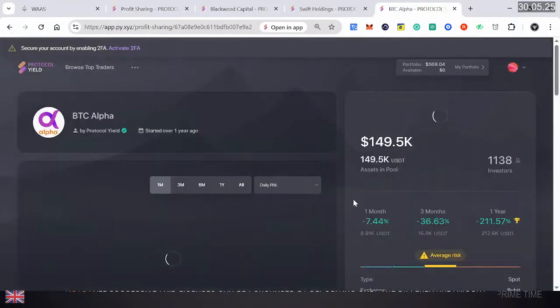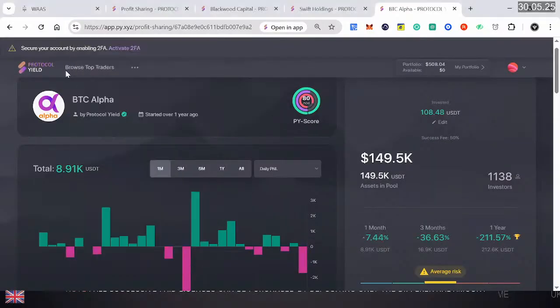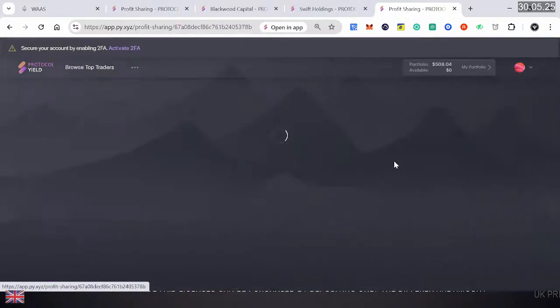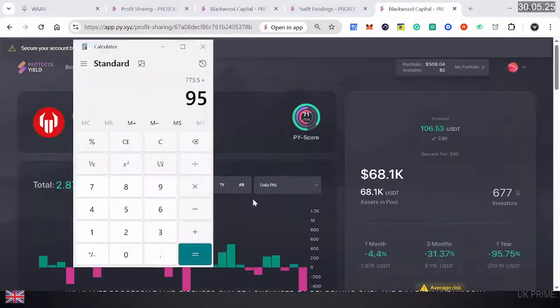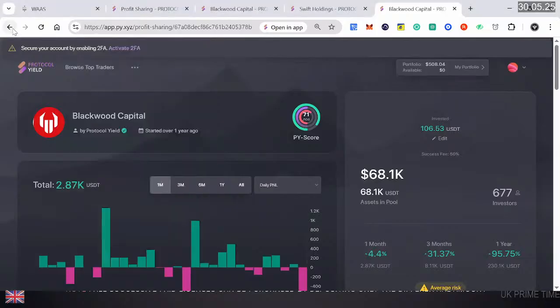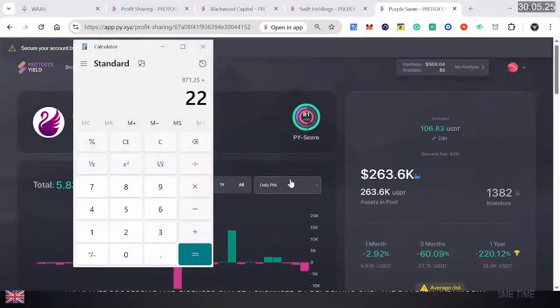Then BTC Alpha 211.57. Then Blackwood Capital 95.75. Purple Swan 220.12.